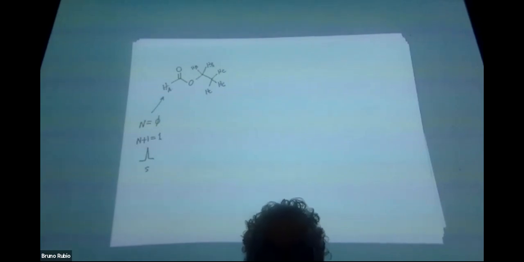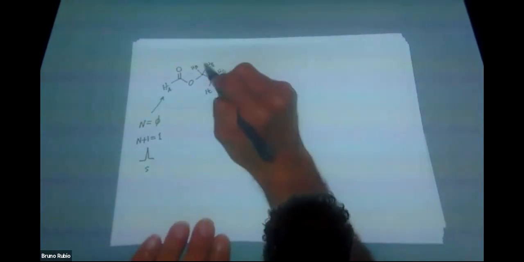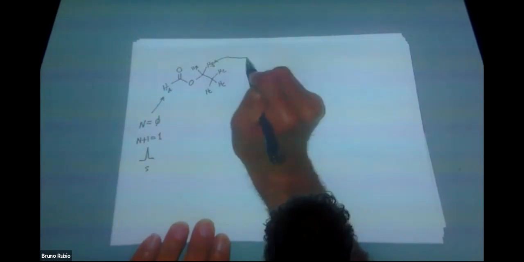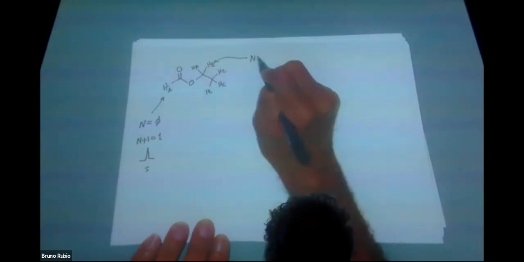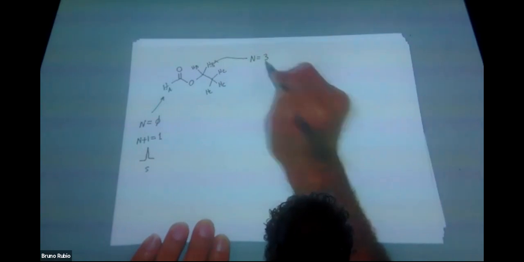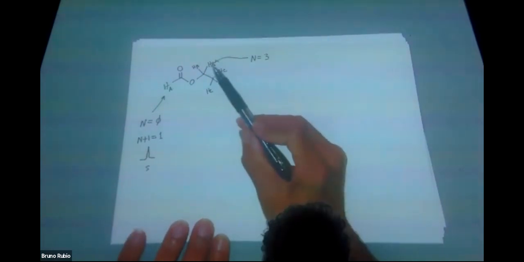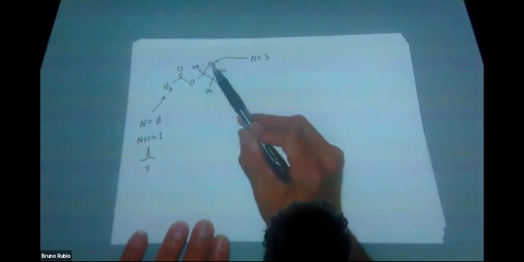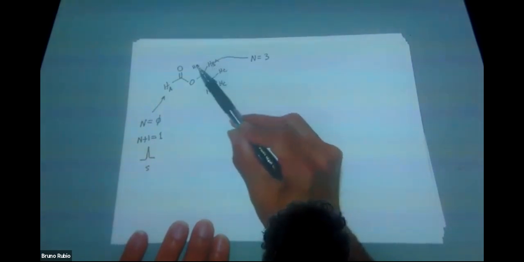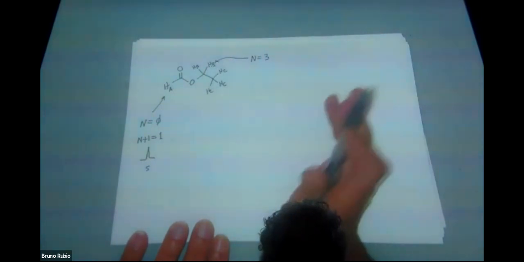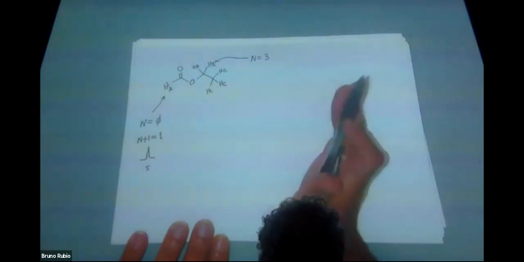N for the HB is 3. So for this set, N is equal to 3. Okay, so let's take a little trip. 2 bonds away, if I go 2 bonds away from HB, I hit another HB, and equivalent protons don't split each other.